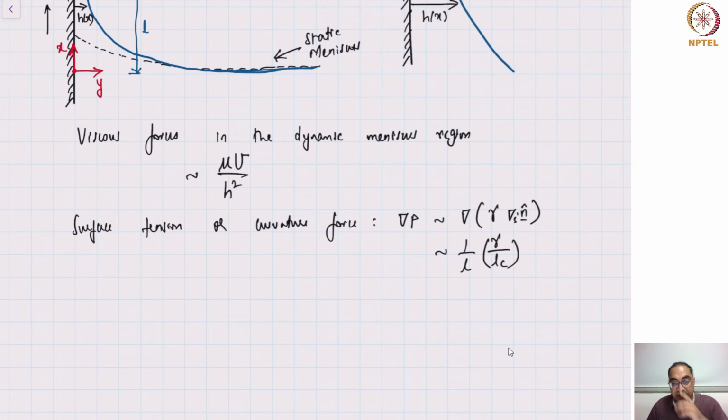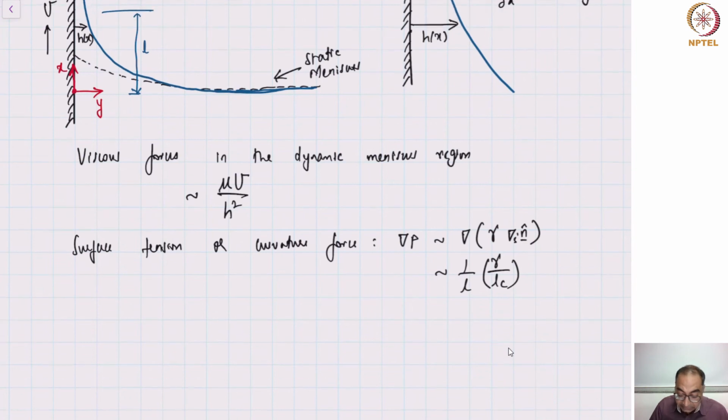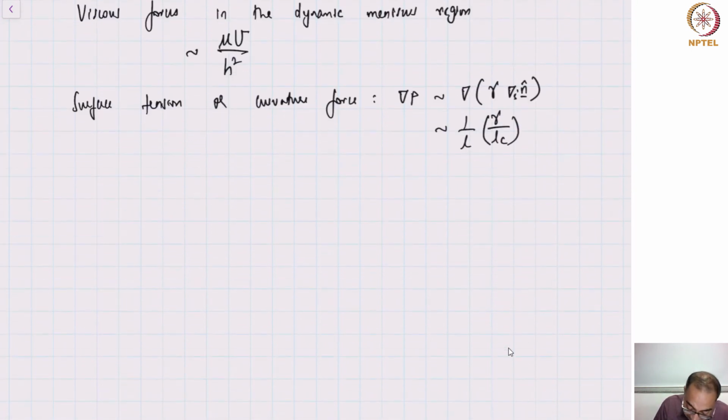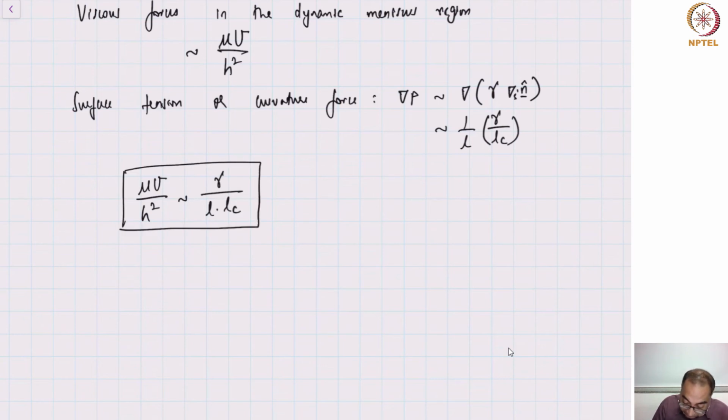So the curvature is still dominated by the static meniscus curvature. And if I balance these two forces in this transition region, mu u by h squared will balance gamma by L times LC. This is the first relationship. We'll call it equation 1.